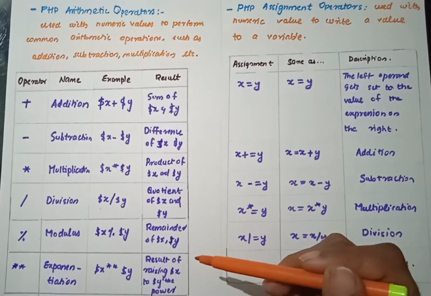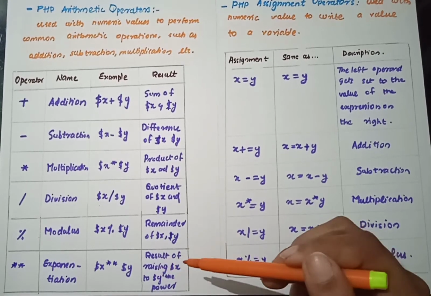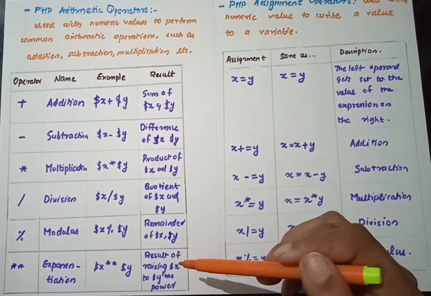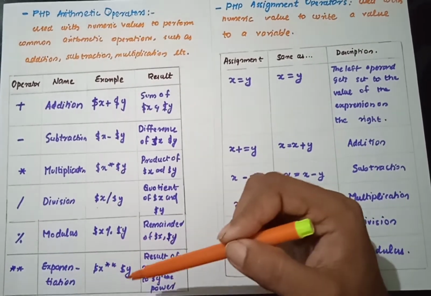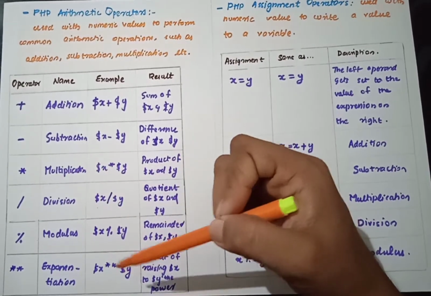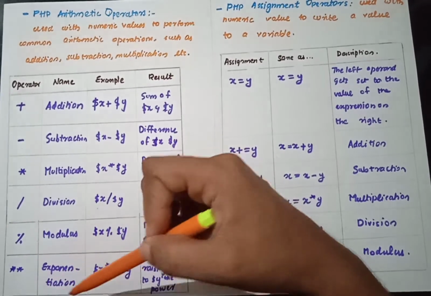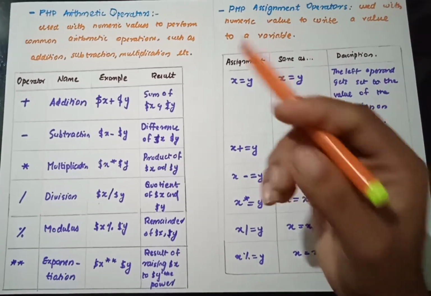And what is the result? The result of raising x to the y power. So how do we write the exponentiation? For that, you just write two multiplication operators, and that becomes the exponentiation operator. Okay, so that's about the arithmetic operators.